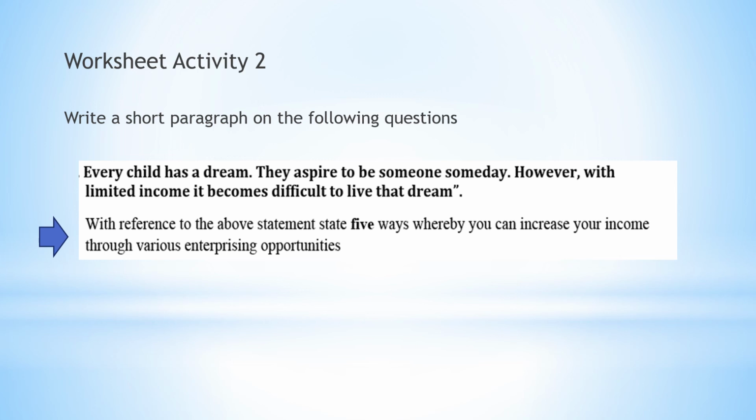So the real question here is 5 ways you can increase your income. Now, you're not going to list it down. You're going to write a paragraph. The paragraph will require about 75 to 100 words, with 5 items or 5 ways you can earn income.